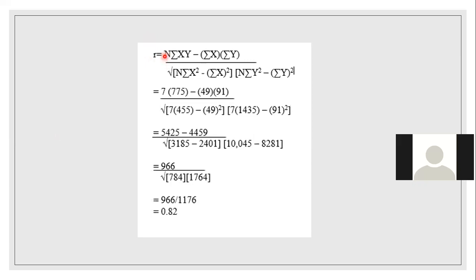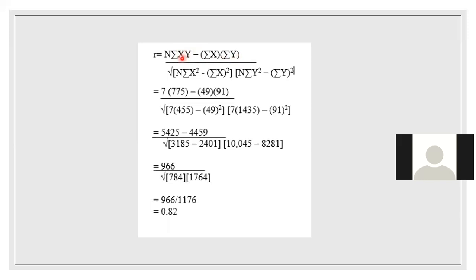So the formula is n times the sum of xy, n being the number of pairs of values that we have, and we just saw from our table that we have 7 pairs of values. So it's n times the sum of xy minus the sum of x times the sum of y.